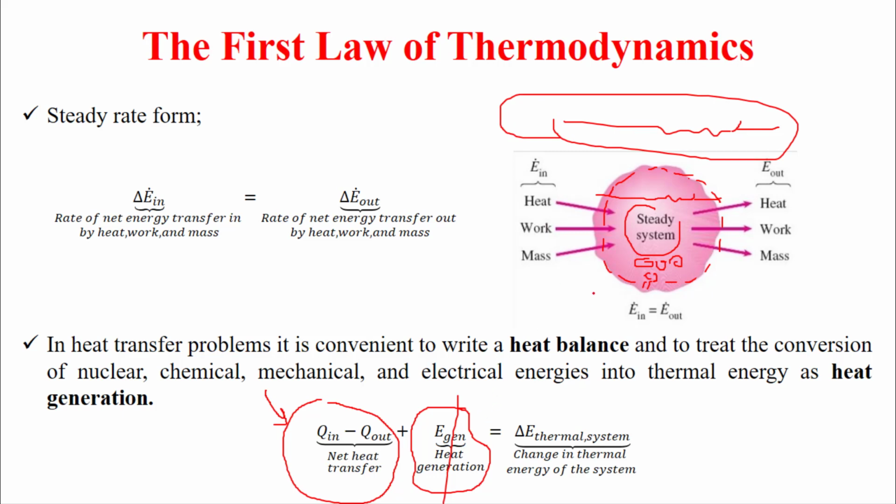If E generated due to nuclear, chemical, or mechanical is inside the boundary, then we can substitute a value. If it is generated outside, then inside the system we have no generation, so this is 0. Anything produced from outside will enter this system in terms of temperature, or Q.